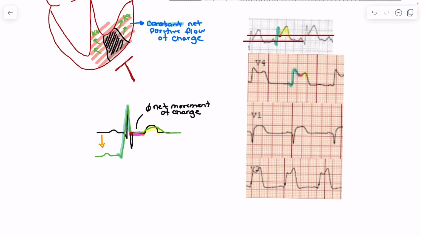So our J point is right about here, where we start to see the change in deflection from that QRS complex. So again, when we're trying to determine ST elevation, we draw a line through that J point. We're going to use the PR segment that follows the rhythm to be the guiding point here, and as a result, we're going to take the distance between those to find out our ST elevation.